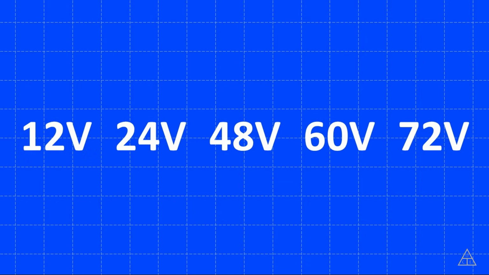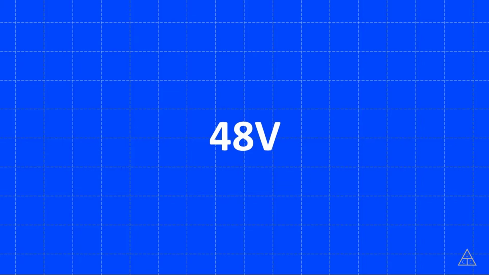Well, now that we decided which kind of chemistry we will use to build the battery pack, it's time to decide how many of them we need to connect to get the proper battery pack working. Usually, we have some common volt outputs for battery packs, and it can go from 20 volts to 72 volts. For my application, I chose to go with 48 volts.